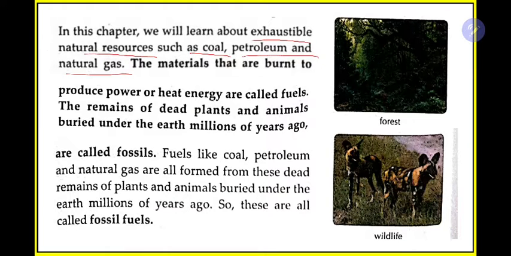Okay. So now the question comes, what is fossils? It is also very easy. The remains of dead plants and animals buried under the earth millions of years ago are called fossils.